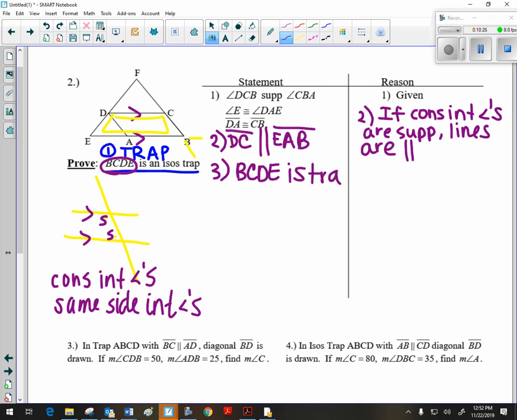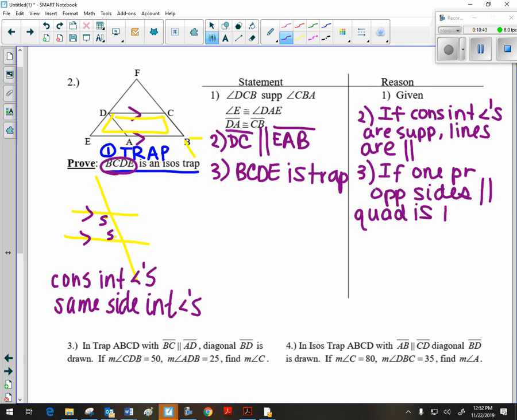First step, make it a trapezoid. Number 3, if one pair of opposite sides is parallel, the quadrilateral is a trapezoid. So I've met the first condition. I made it a trapezoid.